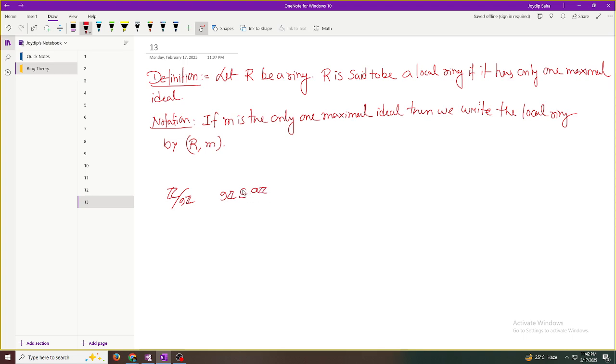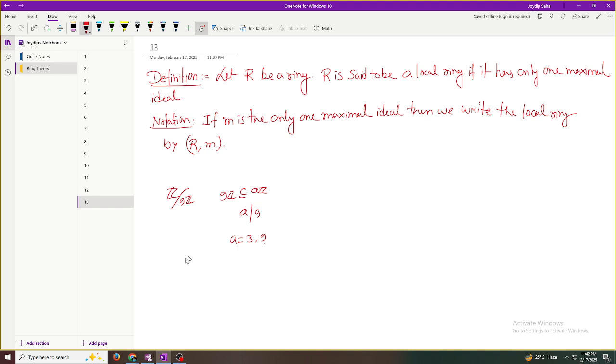Now this implies 9Z is a subset of AZ. This implies A divides 9, right? So A is 1, 3, or 9. A equal to 1 is the whole ring, which is trivial. So A is 3 only, or 9.